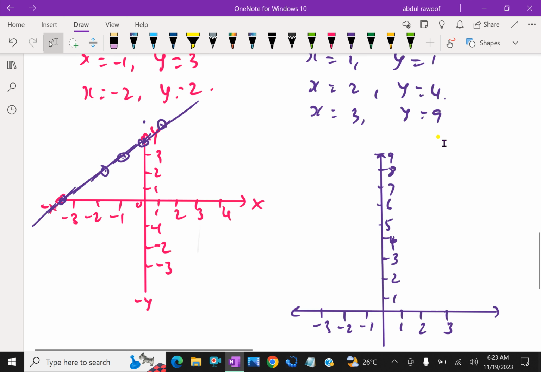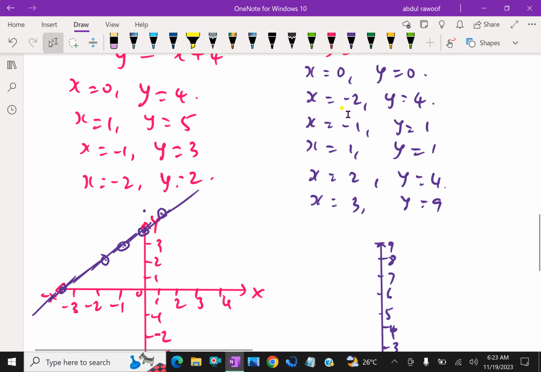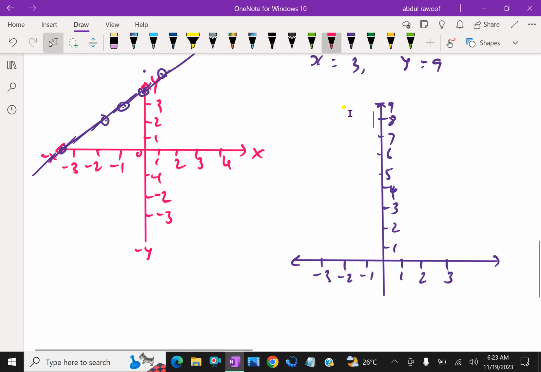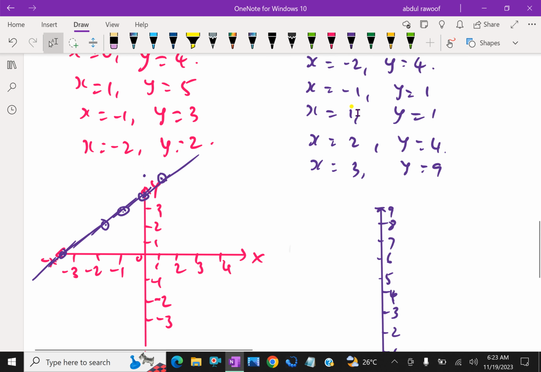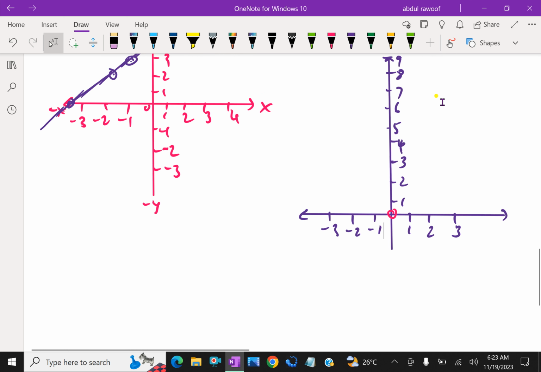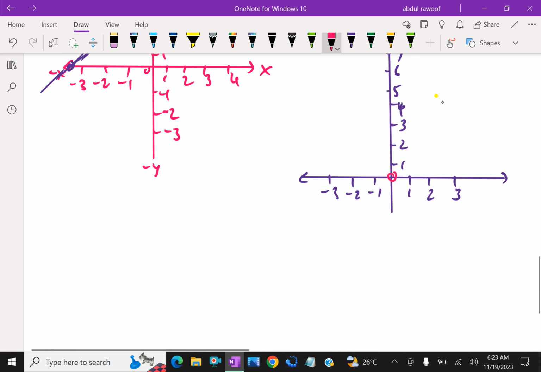Now look at this point: x equals 0, y equals 0. So our first point is here. X equals 1, y equals 1, x equals minus 1, y equals 1. X equals minus 2, y equals 4, x equals plus 2, y also 4.